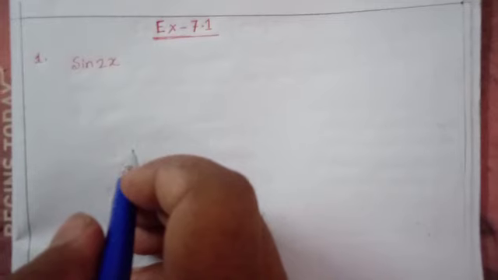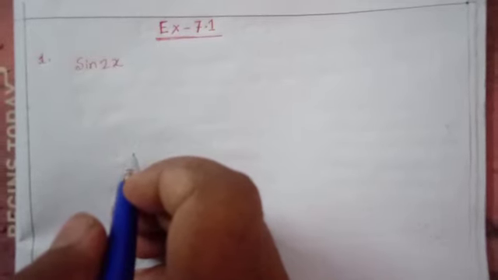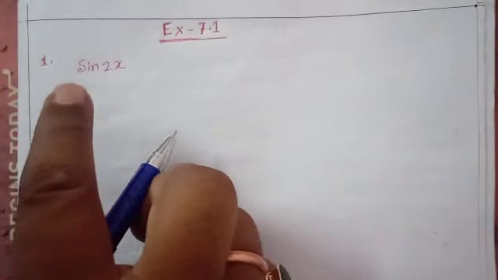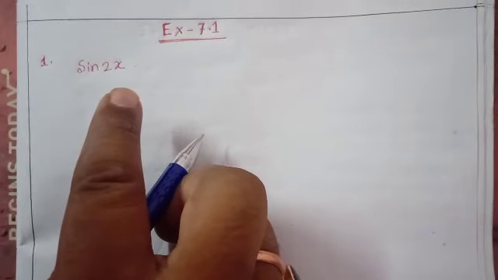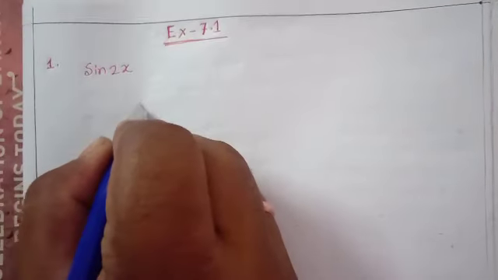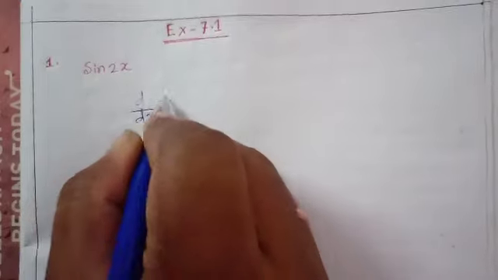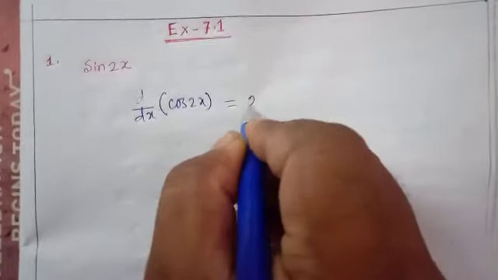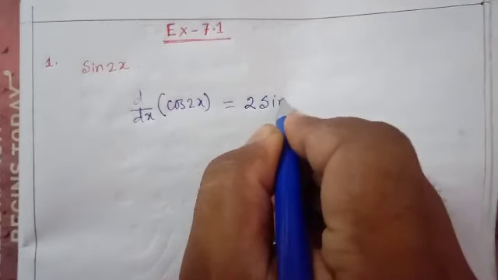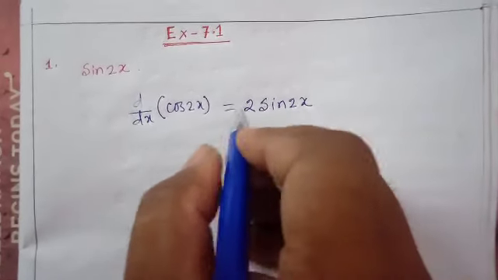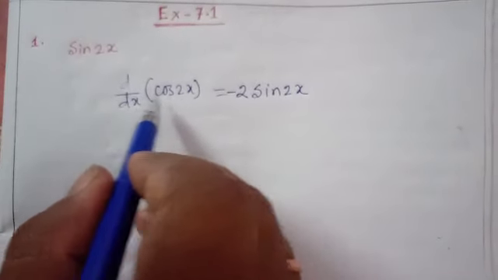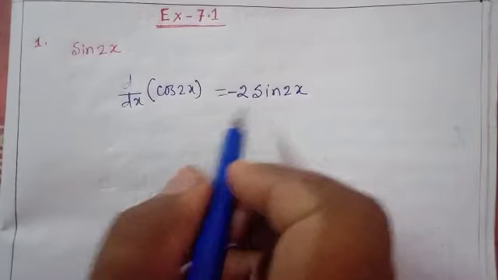How do we solve it? We look for the function whose derivative is sin 2x. First, you know that d/dx of cos 2x equals 2 into sin 2x, and here there is a minus sign. So the derivative of cos 2x equals minus 2 sin 2x.